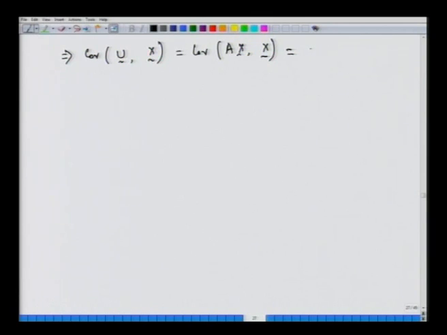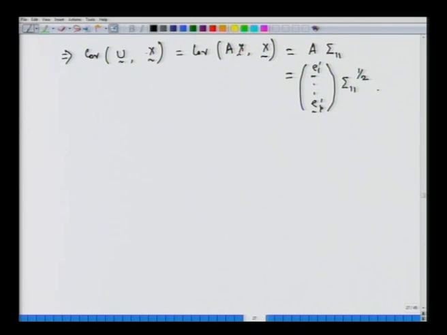So, this is simply A times the covariance matrix of x, which is sigma 11, and what was A equal to? A was equal to E1 transpose, E2 transpose, up to EP transpose, that times sigma 11 to the power minus half. So, that combined with this gives us sigma 11 to the power half. So, this just is the covariance matrix between u and x.